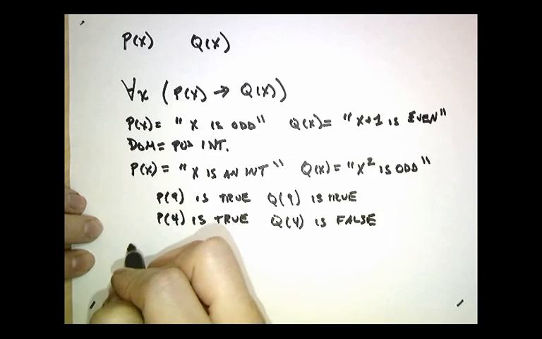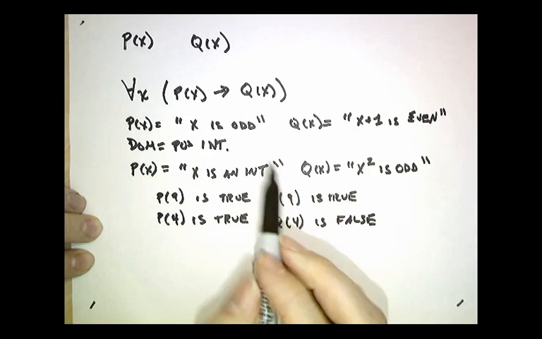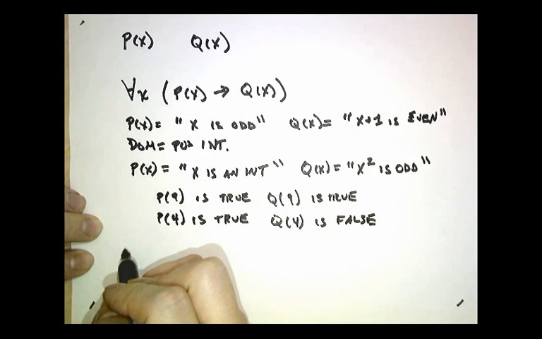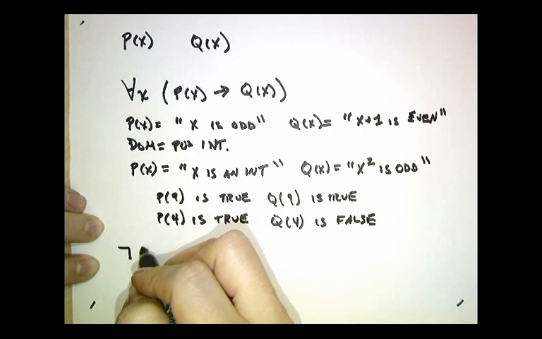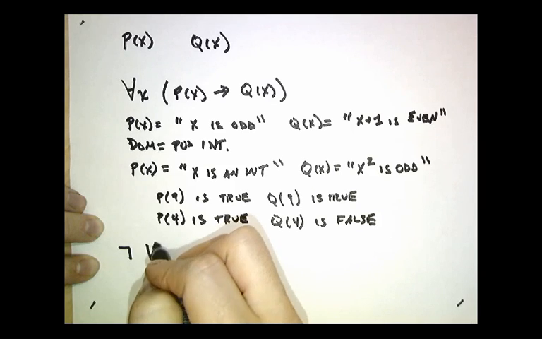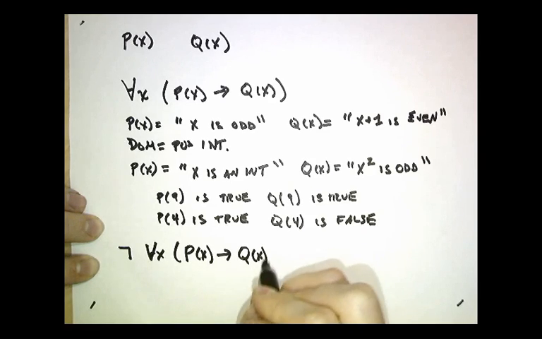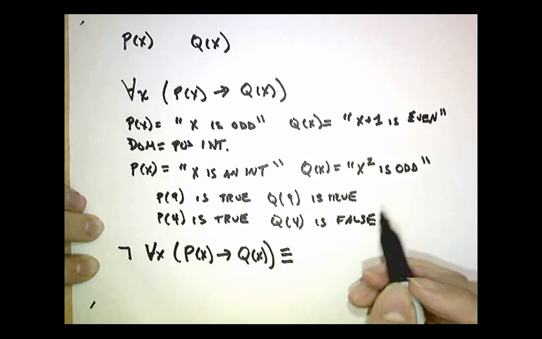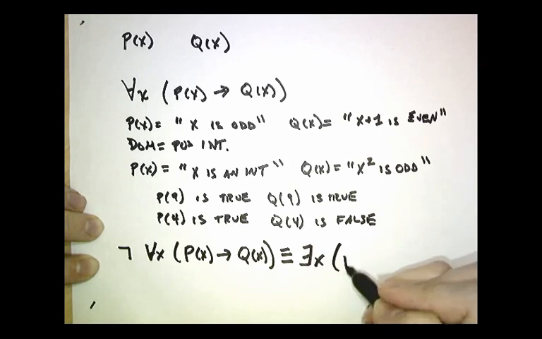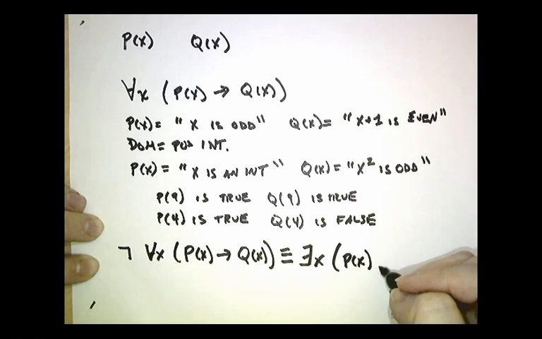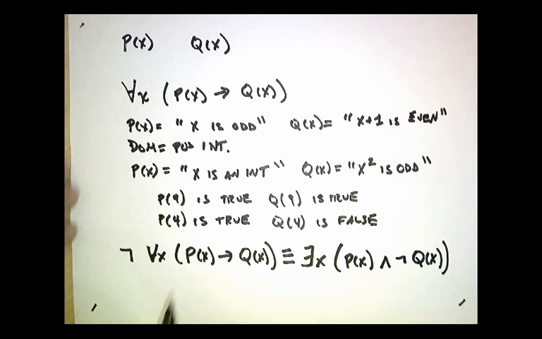Okay, so when we're looking at the truth value of this statement for all x, p of x implies q of x, it might also be convenient to understand when it's false. So if it's not the case that for all x, p of x implies q of x, this is logically equivalent to writing that there exists an x such that p of x is true and q of x is false.